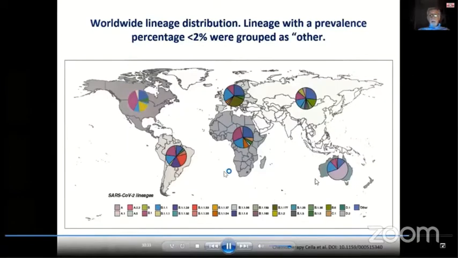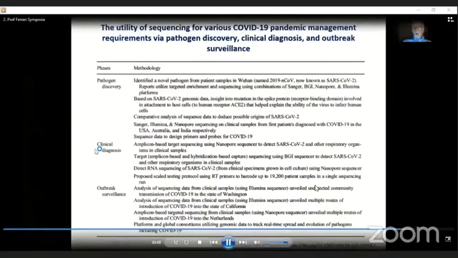Finally, what is the utility of sequencing the various COVID-19 strains? This is really important for pathogen discovery with the different methodologies, identifying novel pathogens or the insight into mutations, the spike protein, and so on and so forth.